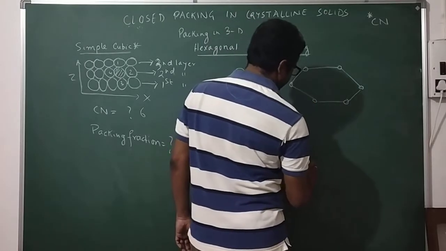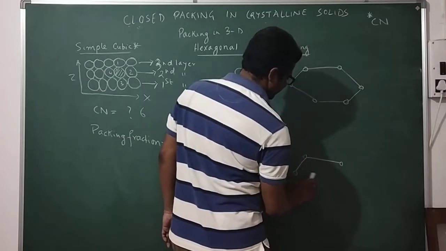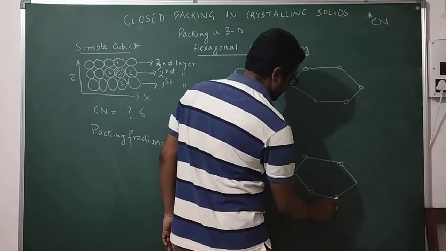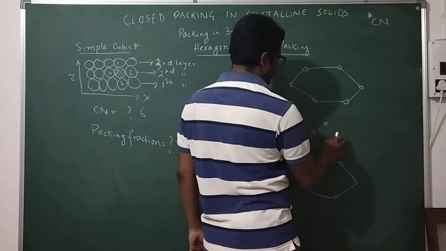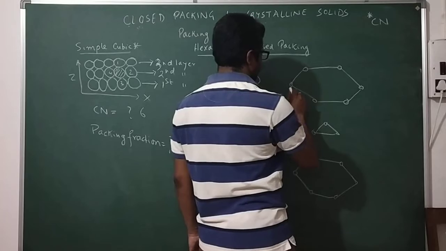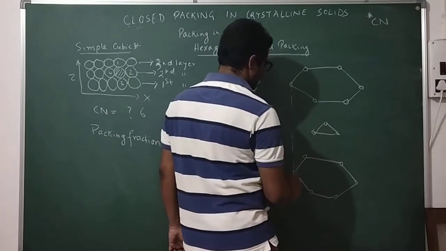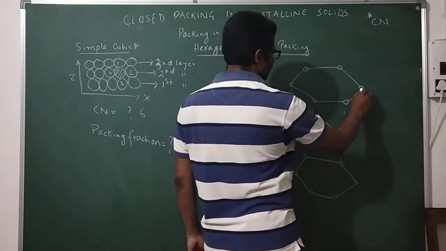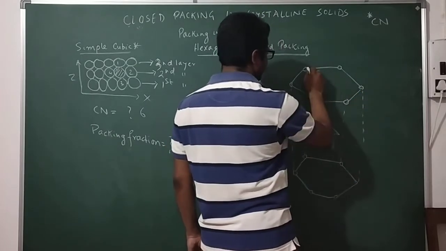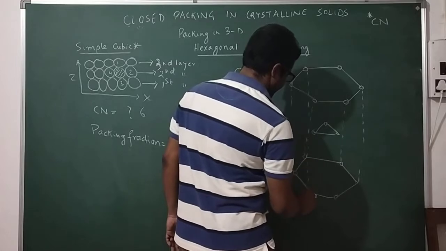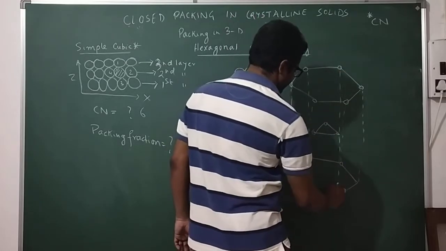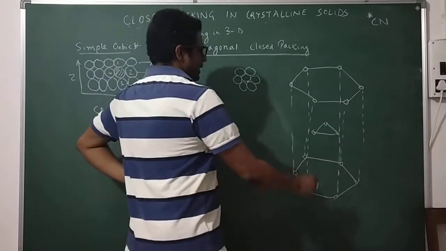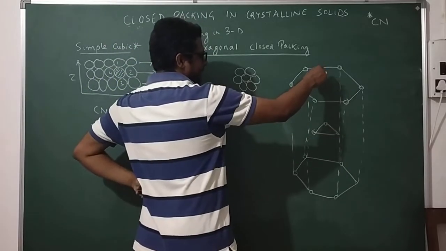And here again, we will draw one hexagon, a little bit inclined, but okay. So this is hexagonal closed packing. If you see over here, this 3 is placed in which place?